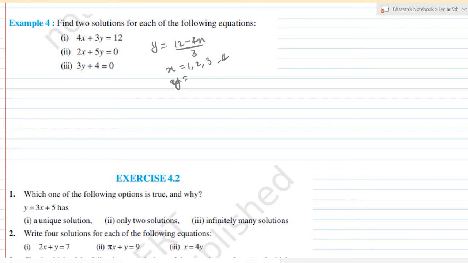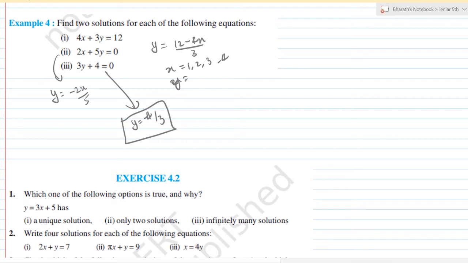In the same way, here y is equal to minus 2x divided by 5, and for this one y is equal to minus 4 by 3. But in this question, you get only one answer, y is equal to minus 4 by 3, because there are not 2 variables, so you can't find more.